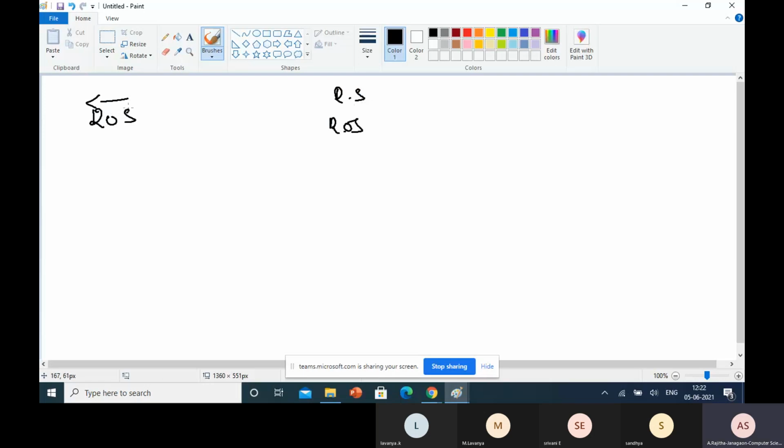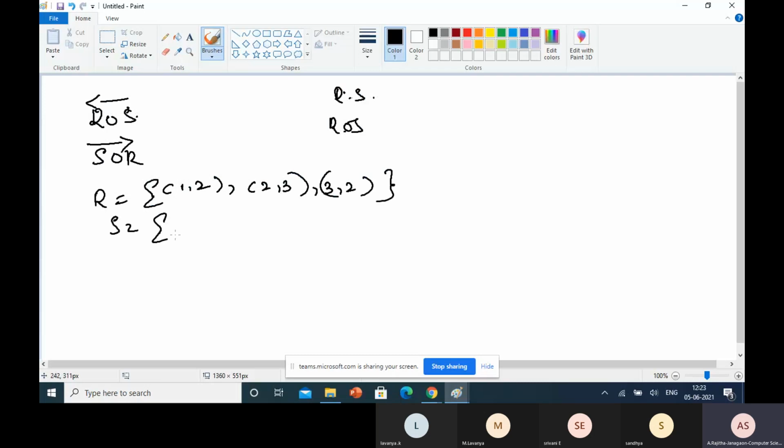First start with S and go to R, and here start with R, go to S. Here start with S, go to R. Now suppose for example R equal to 1 comma 2, 2 comma 3, and 3 comma 2. Next S equal to 2 comma 3 and 3 comma 3.